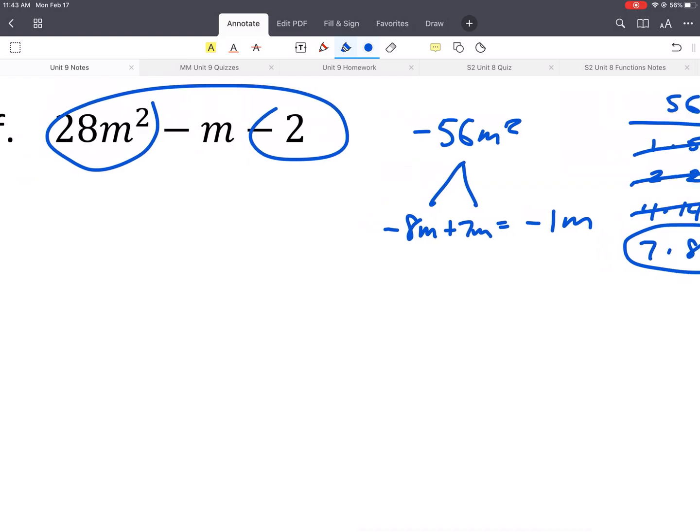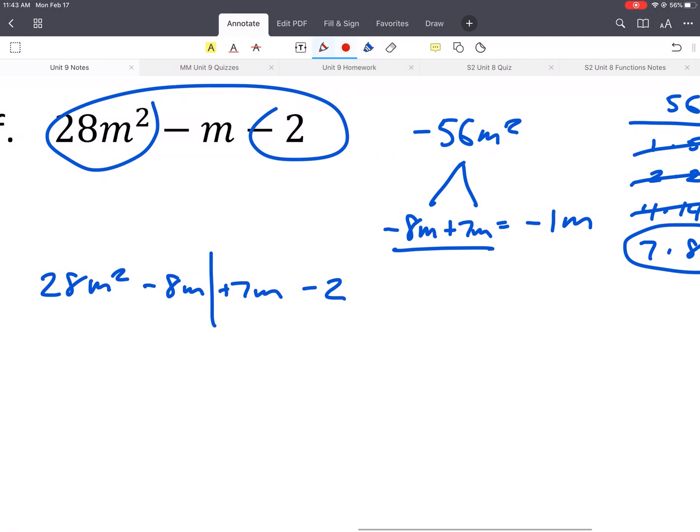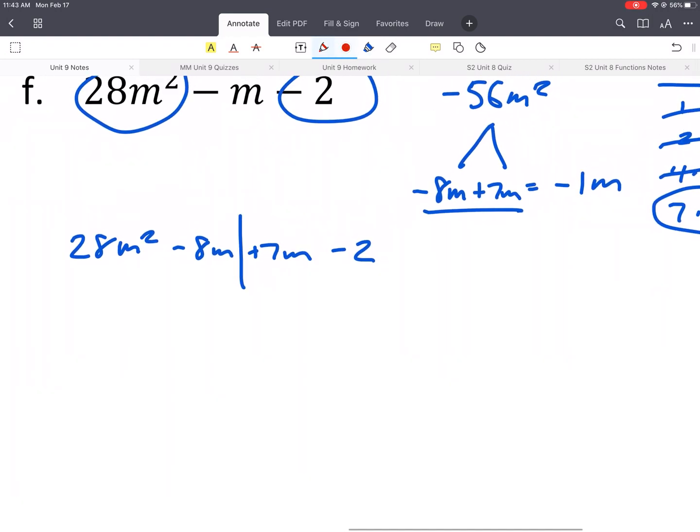Okay, sweet. So we'll plug that in: 28m squared minus 8m plus 7m minus 2. Cut it in half, do grouping. So what goes into 28 and 8? I think it would be 4. So 4m. So divide everything by 4m.